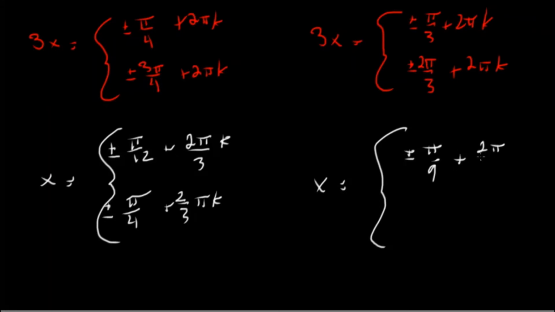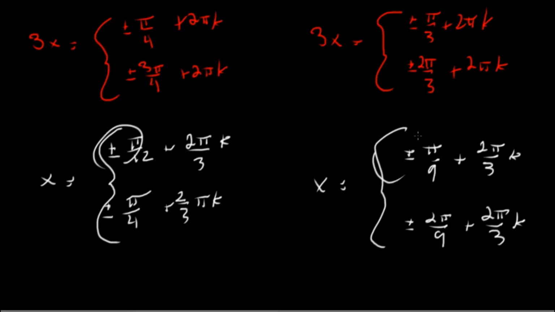Plus 2 pi over 3k. And plus or minus, what is this going to be? This is going to be 2 pi over 9. Plus 2 pi over 3k. And there are our 1, 2, 3, 4, 5, 6, 7, 8 solution sets, because each of those has a plus 2 pi over 3k.